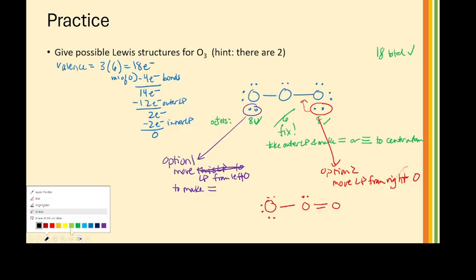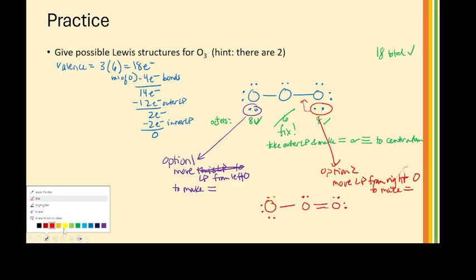I'll fix that in a minute. On this one, there's no longer a lone pair on the bottom, but there is one on the top and the right. And it wouldn't have mattered if I used the top one or the right one or the bottom one, because whichever one I move, once I move it, it won't be there anymore to make the double bond. All right, so that gets me one structure.